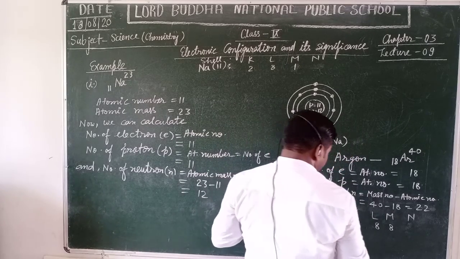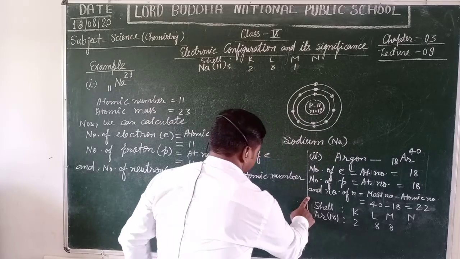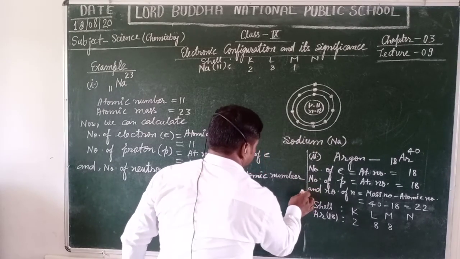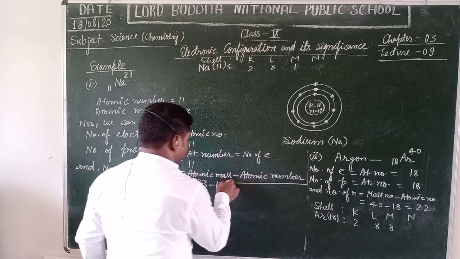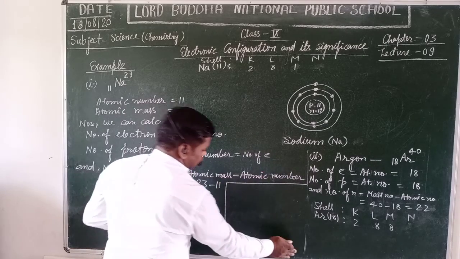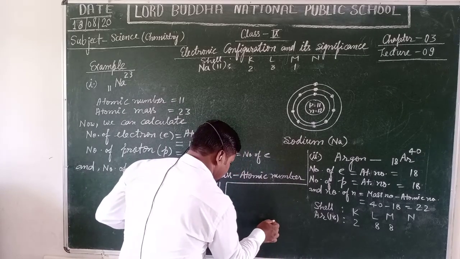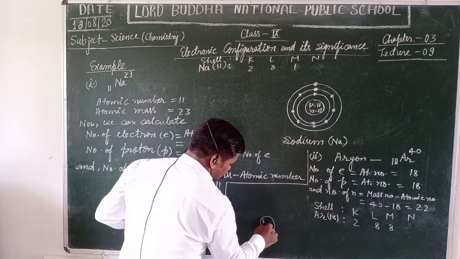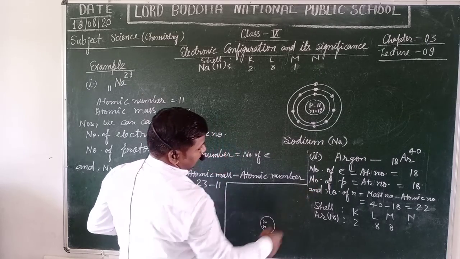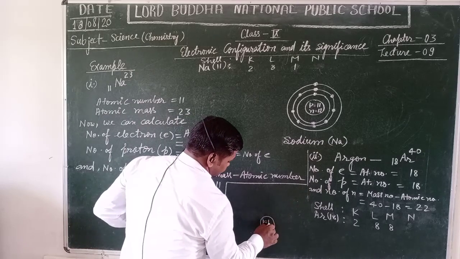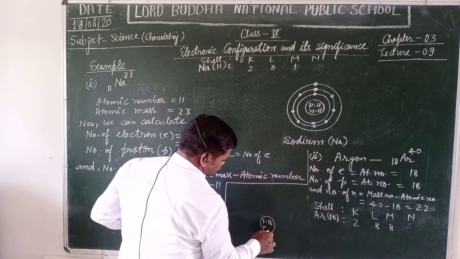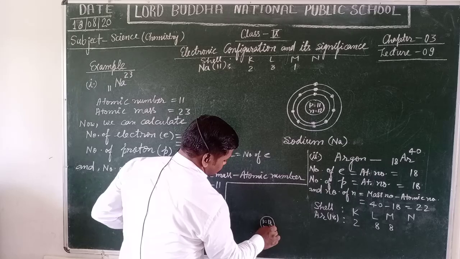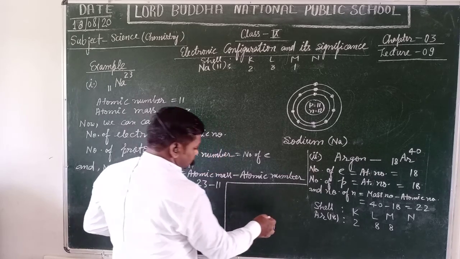Now, how can we draw the atomic structure of argon? Let us take here the nucleus of argon, with its number of protons and neutrons. There are 18 protons present in the nucleus of argon and the number of neutrons is 22.